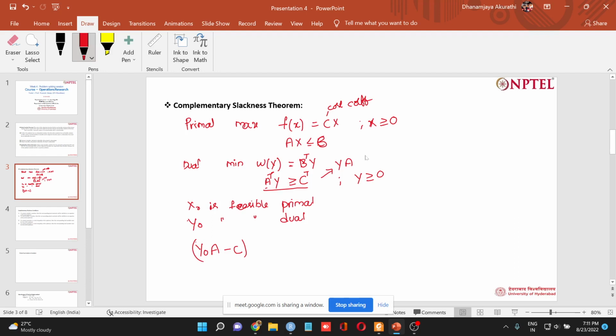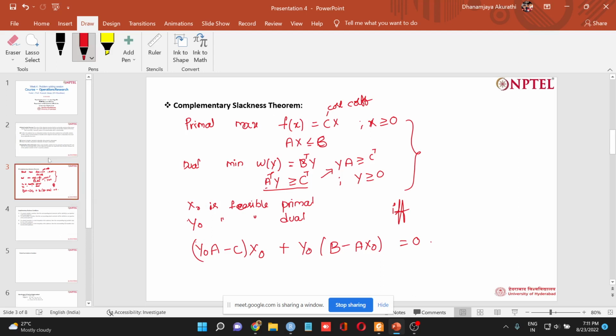So y naught into A minus c, into x naught, plus y naught into b minus A into x naught, is equal to 0. If these are satisfied, then the if and only if condition holds. This is stated by the complementary slackness theorem.